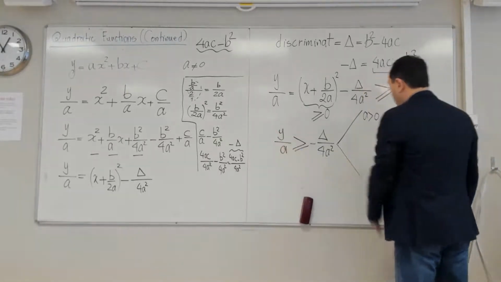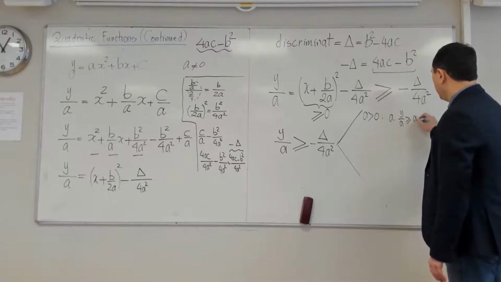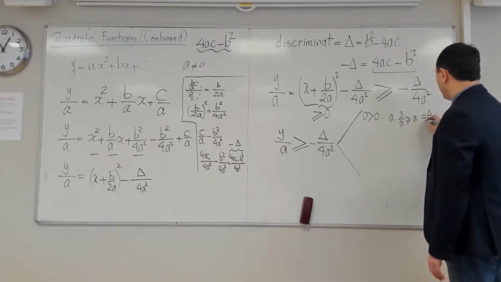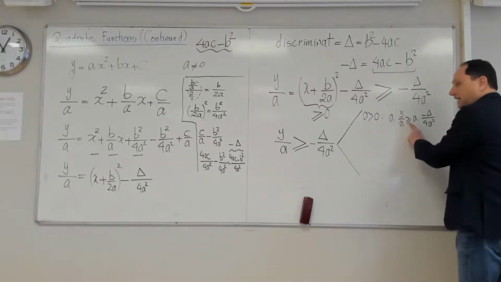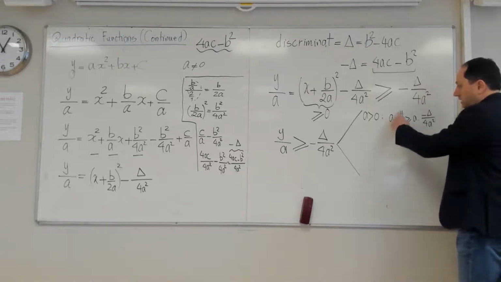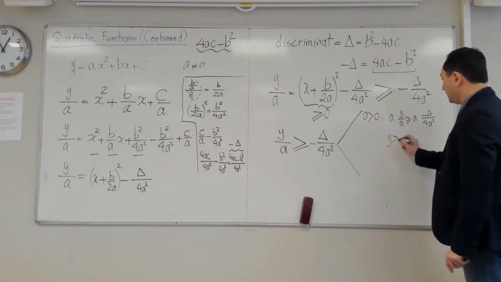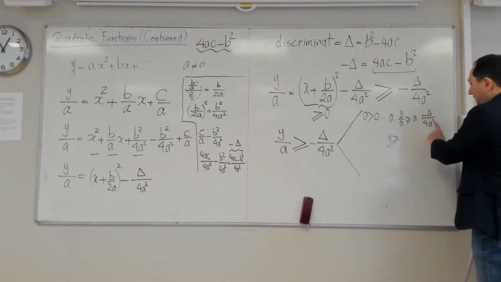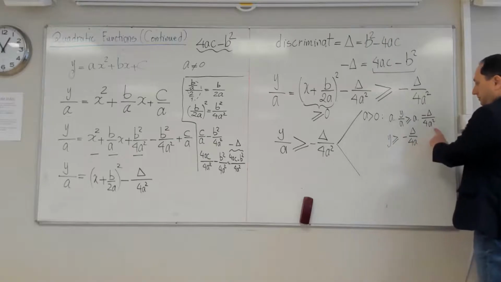I multiply both sides by a: a times y over a is greater than or equal to a times minus delta over 4a squared. Because a is positive, I can keep the direction of the sign. But then this a and that a are cancelled. Y is left for me greater than or equal to minus delta over 4a.